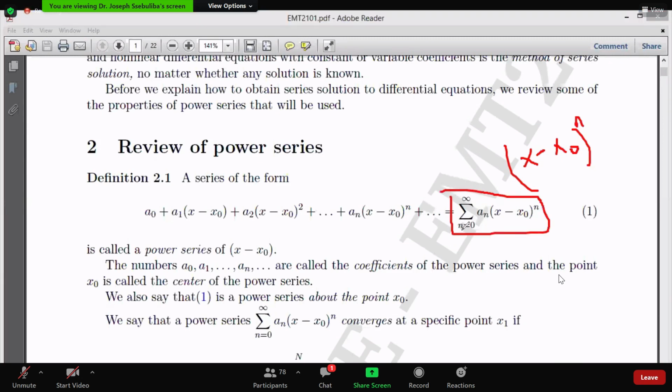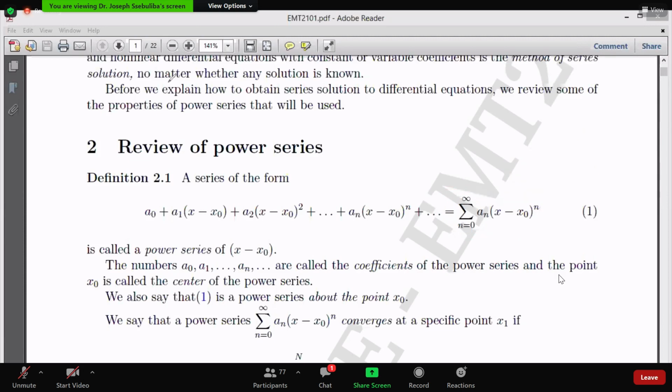That you sum from n equal to 0 up to infinity, a n of x minus x naught to the n. So for you to get this x naught, you simply have to compare with what is given. Because if x naught is 0, then you are going to remain with the x to the n. And this will be a n times x to the n. So everything we are doing is based on this series here. Please be mindful of that.